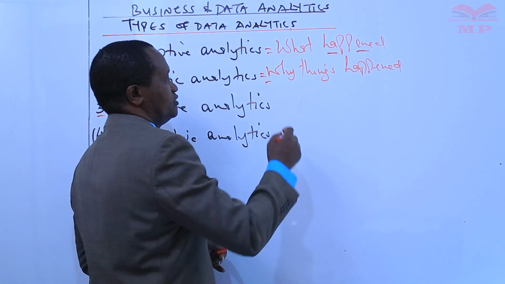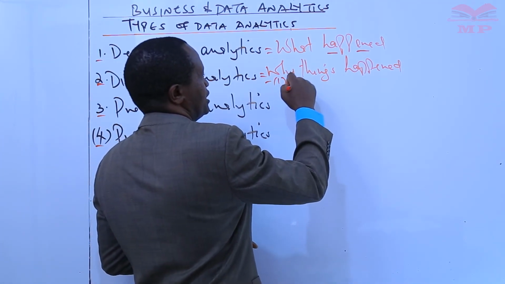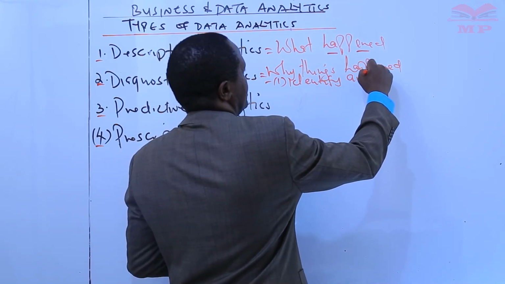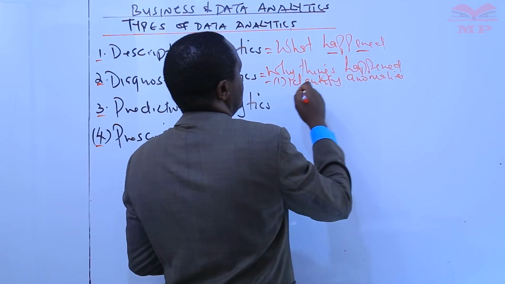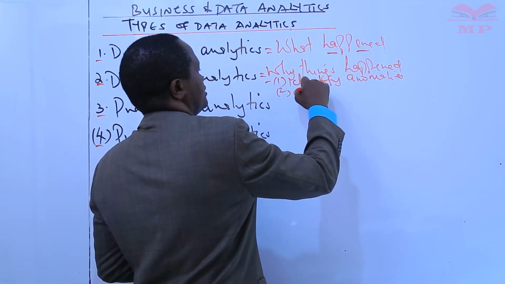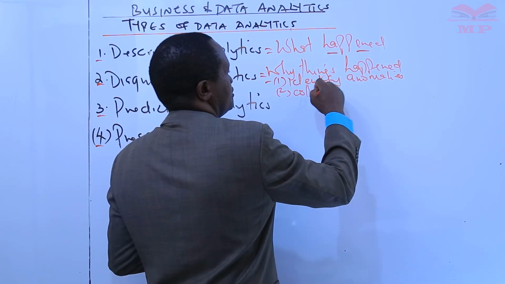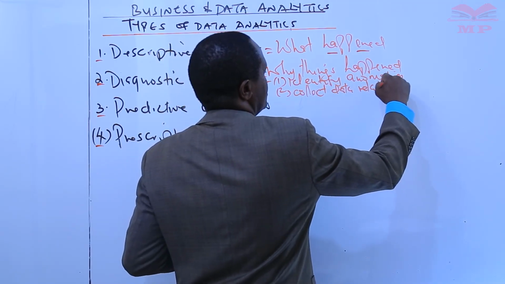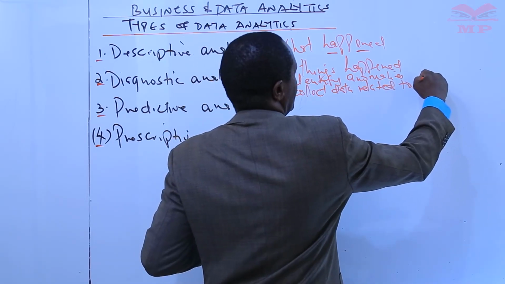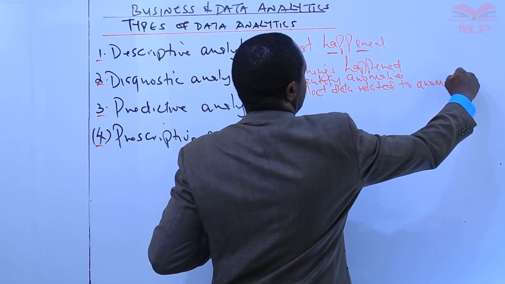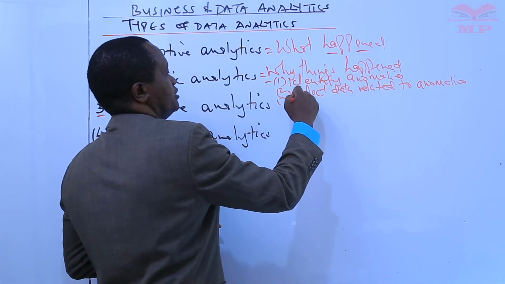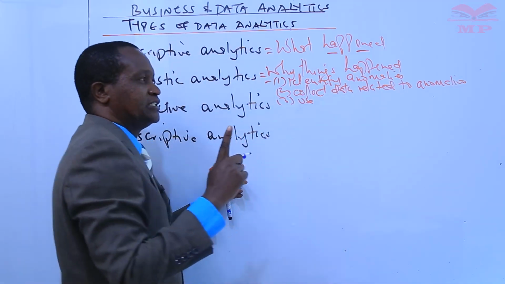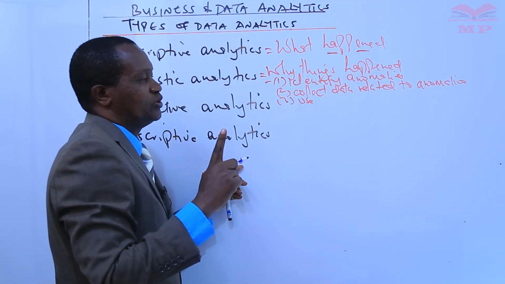Let me put that down. One, identify anomalies in the data. Two, collect data related to anomalies. Three, use techniques to do what?